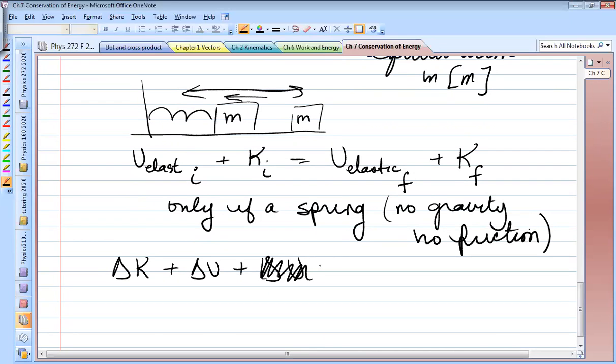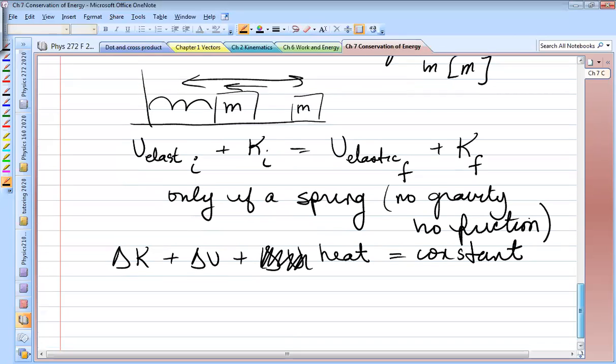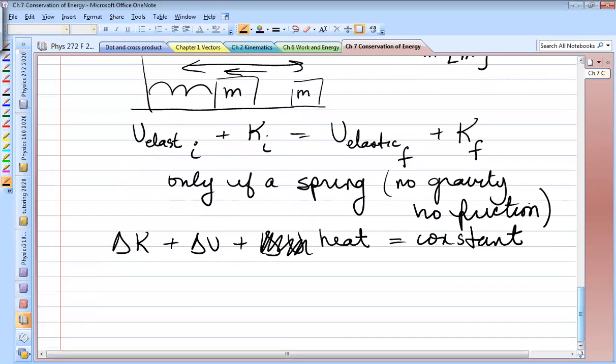So plus heat, I just call it heat, is equal to a constant. The only kind of non-conservative work that you're going to deal with is the work done by friction, and that's always going to be heat, which is just force of friction times the displacement. And this is equal to heat.